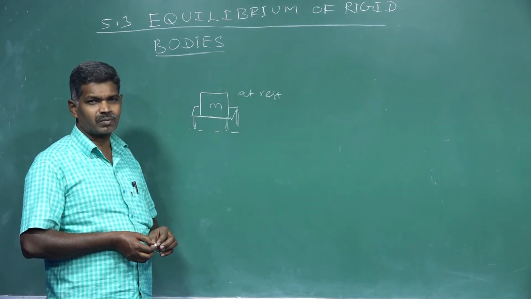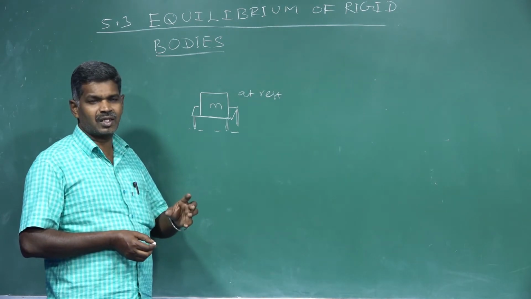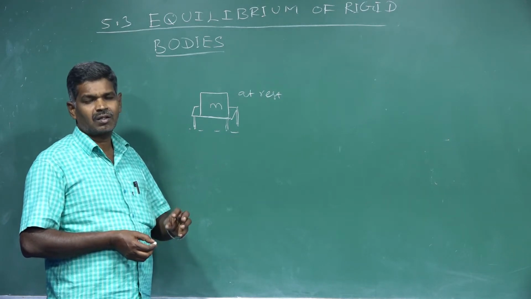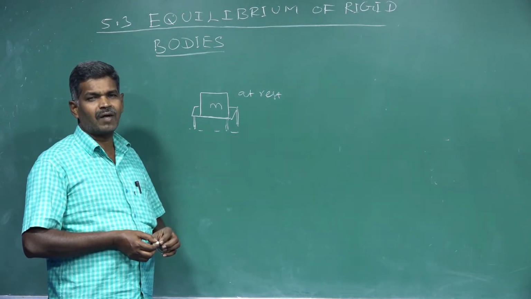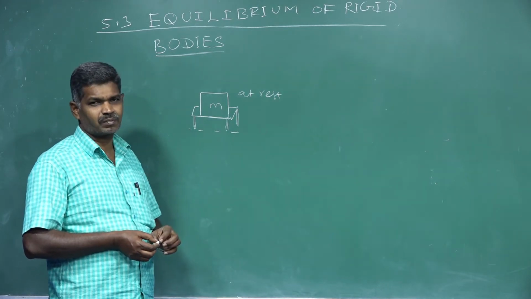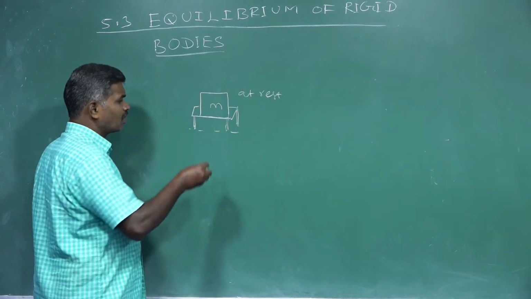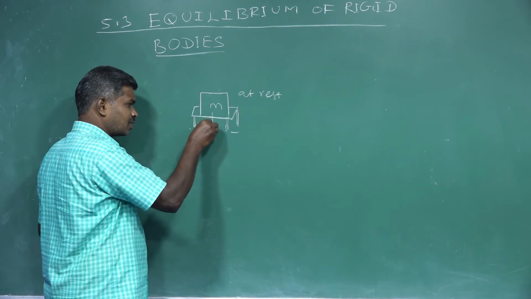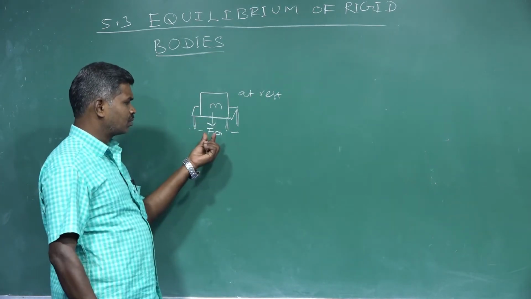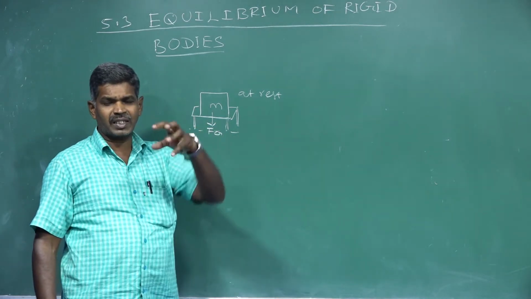So each and every object in the earth's gravitational field experiences the gravitational force, which acts in the downward direction. But even though the gravitational force acts on that object, the object is at rest.